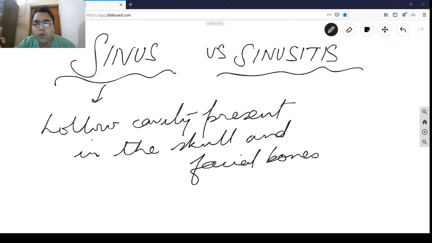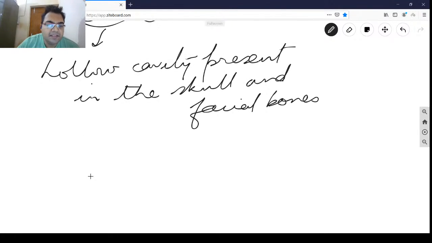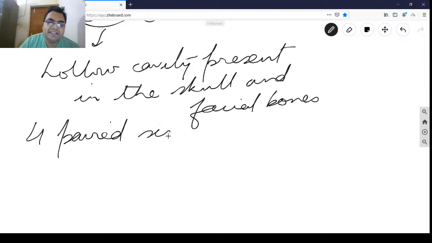Now there are four paired sinuses named according to the bone in which they are located. Number one is maxillary, then the frontal, then the sphenoid and ethmoid. The four paired sinuses are asked in the examination.